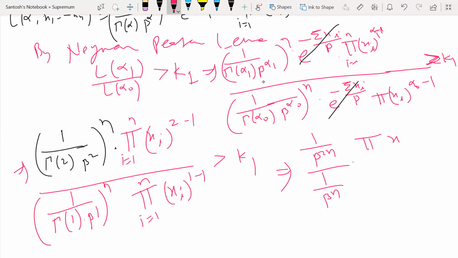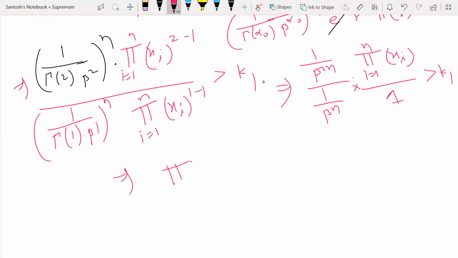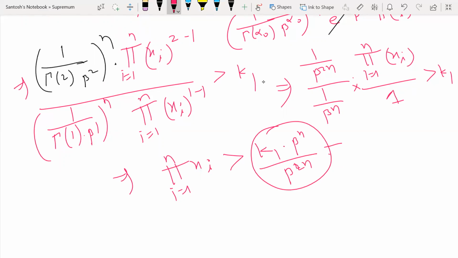In the denominator, 1 minus 1 is 0, so xi raised to power 0 is 1, and the product n times is 1. So the product of xi, i from 1 to n, is more than k1 times beta raised to power n upon beta raised to 2n. Since n, beta and k1 are all constants, we can rename this as a capital K, or some other constant c.